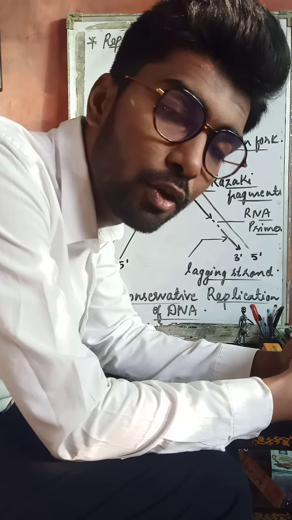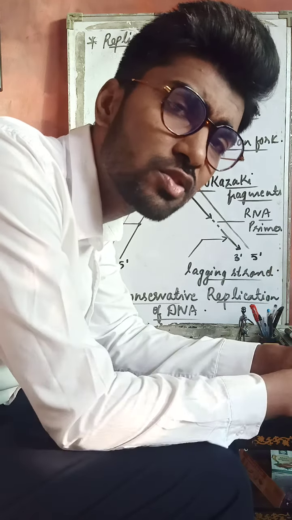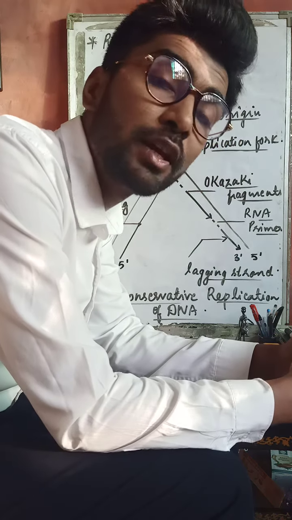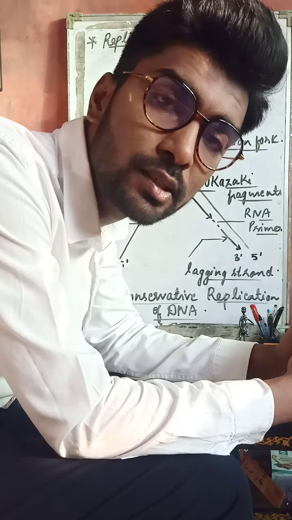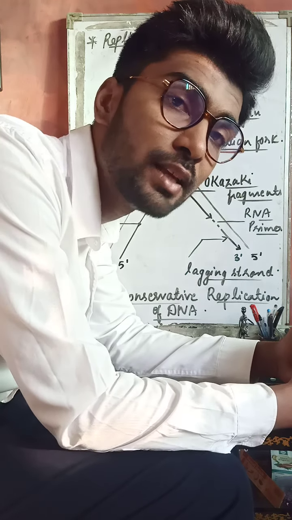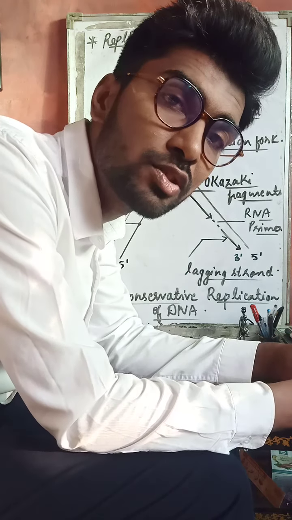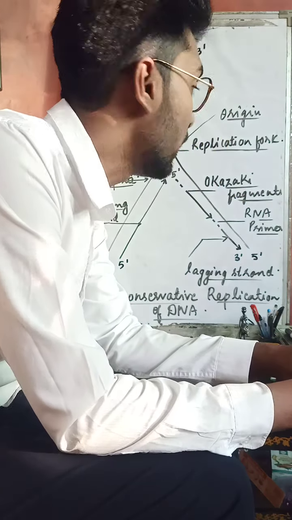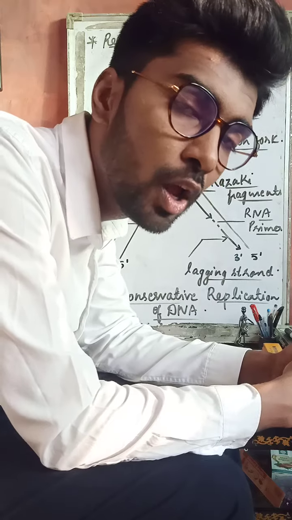We very well know what the cell cycle is: the cyclic changes taking place in the life of a dividing cell. Replication of a DNA generally takes place in the S phase, that is the synthetic phase of the cell cycle, in the interphase. Interphase is divided into G1 phase, S phase and G2 phase. So replication of a DNA takes place in the synthetic phase of the interphase.